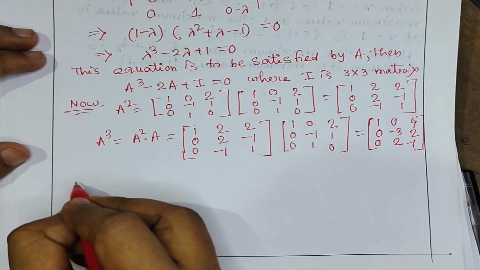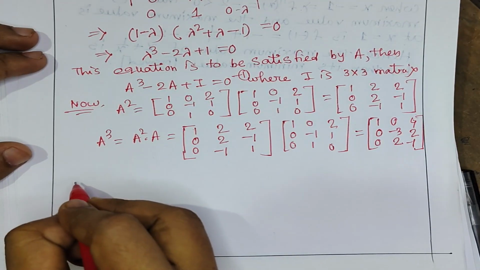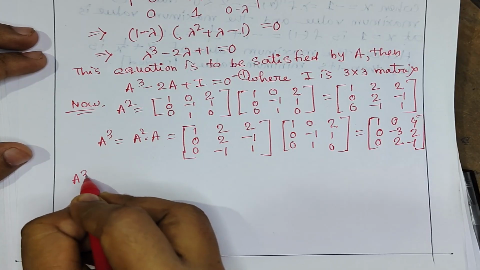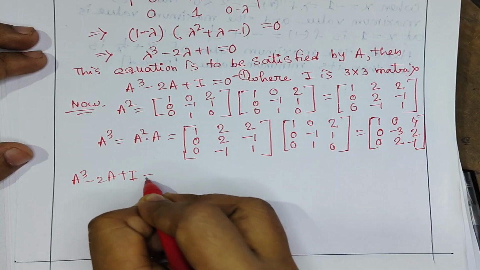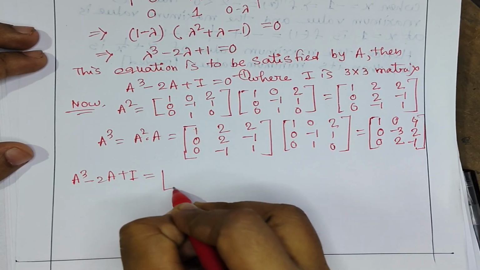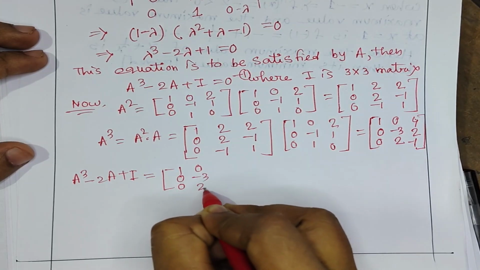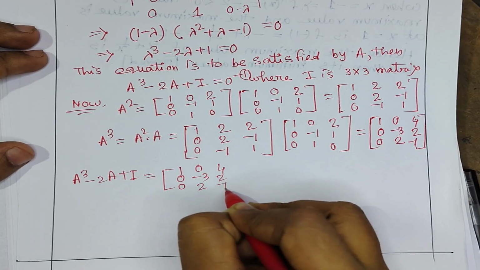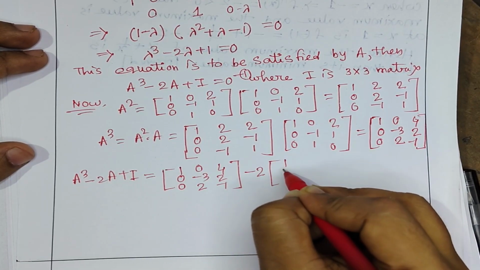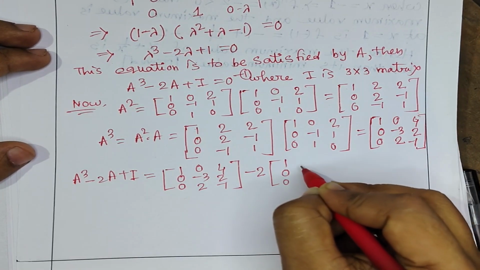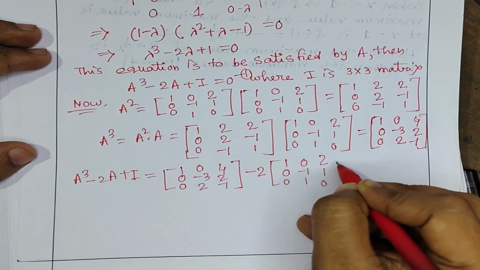Now satisfying the characteristic equation, A³ - 2A + I is equal to [1 0 0; 0 -3 2; 4 2 -1] minus 2 into A. What is A? The value of A is given: [1 0 0; 0 -1 1; 2 1 0].